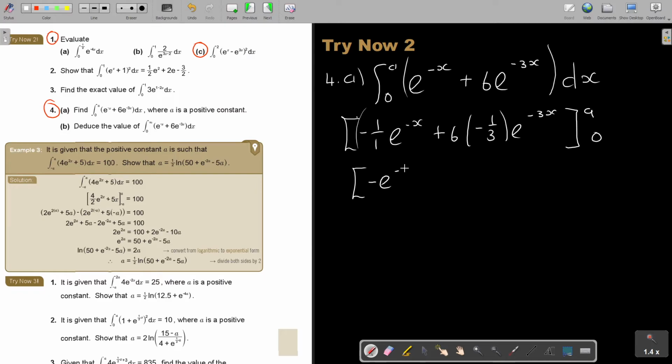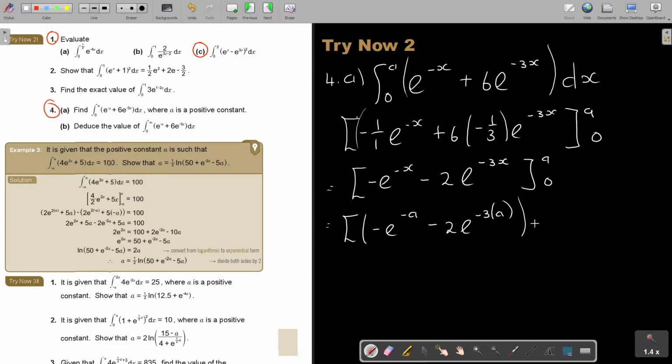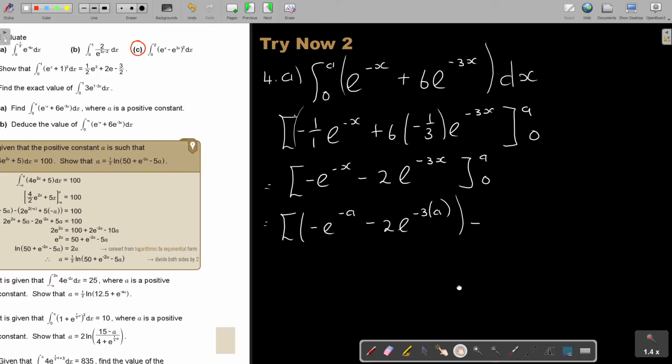So e to the power negative x, it's positive, but a negative, and it's going to be 2 e to the power of negative 3x, and it's a and 0. So it's going to be negative e to the negative a minus 2e to the negative 3a. Minus, now I just have to simplify and put the 0 in.